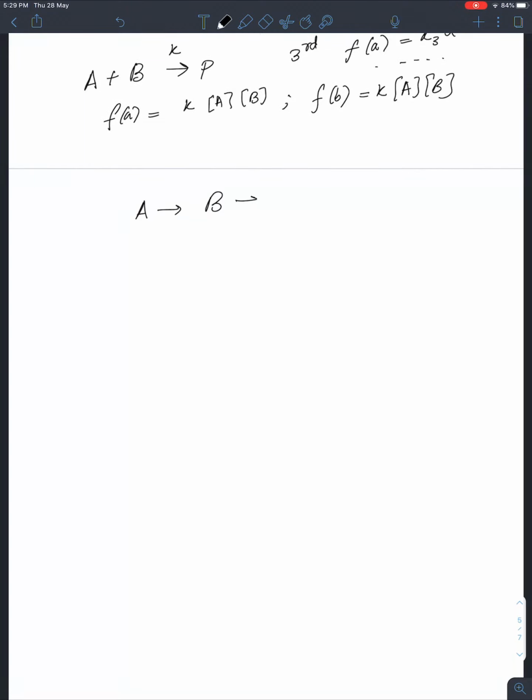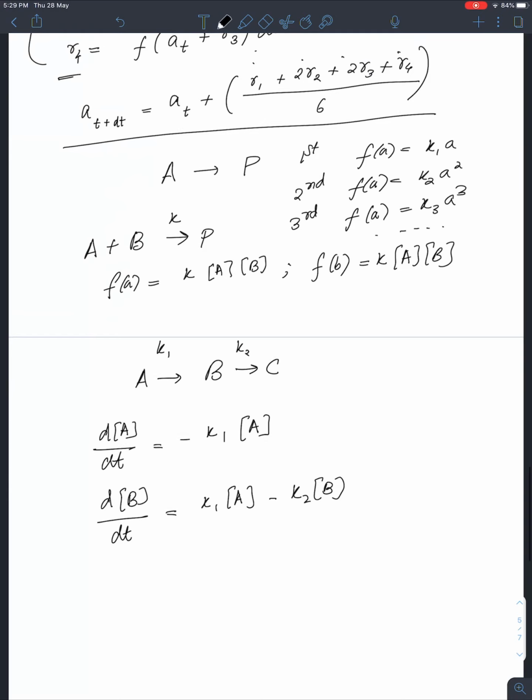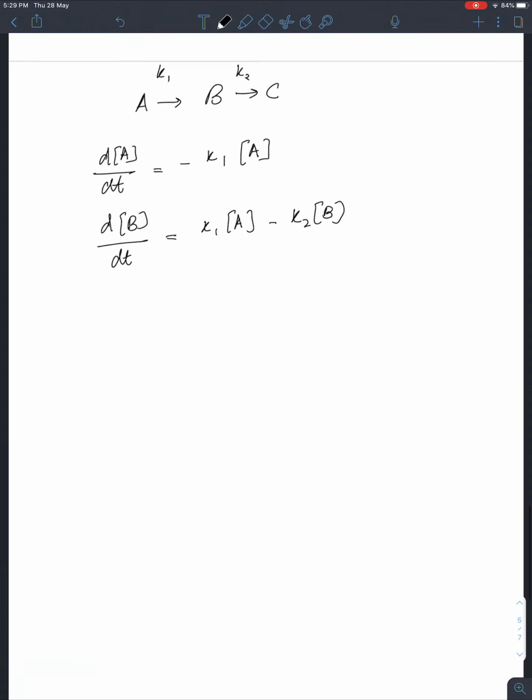So A gives B gives C. In the first case, f is unique, but in this case there are different slopes for each one. So f(A), f(B) and f(C) are different. In this case, dA/dt is equal to minus k1 A, dB/dt is equal to k1 A minus k2 B, and dC/dt is k2 B. So k1, k2, k3 are all different.